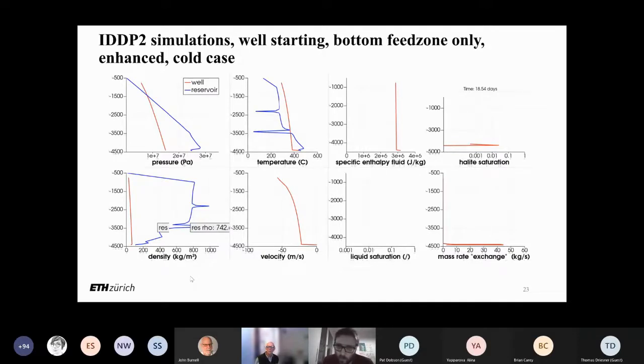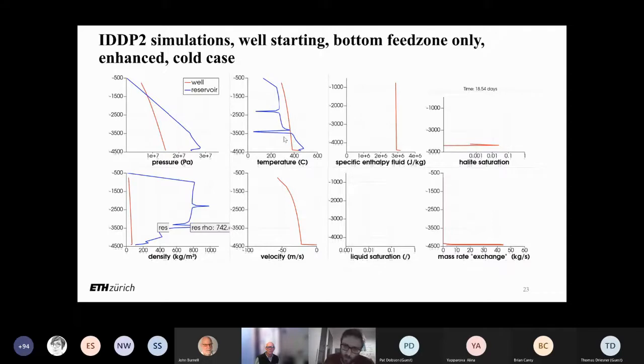And then we have again a little bit of halite forming, but not so much, because we actually injected cold, fresh water. So around the well in this feed zone, we don't have much salinity yet.